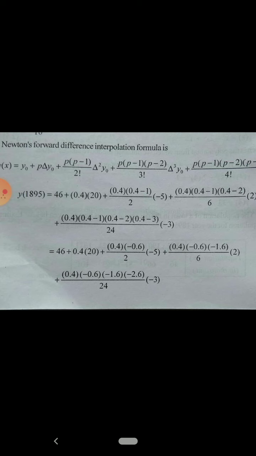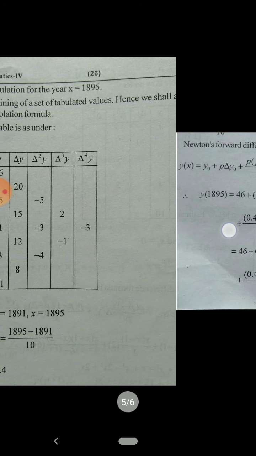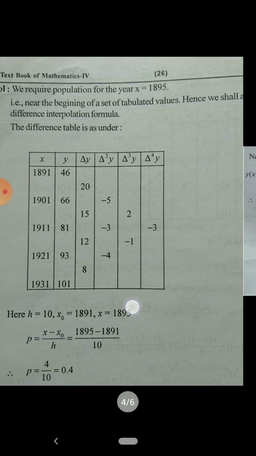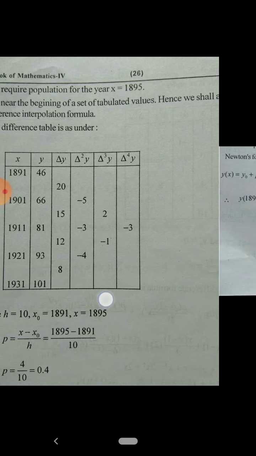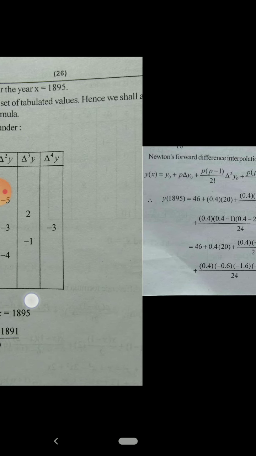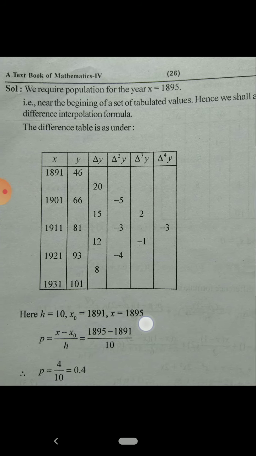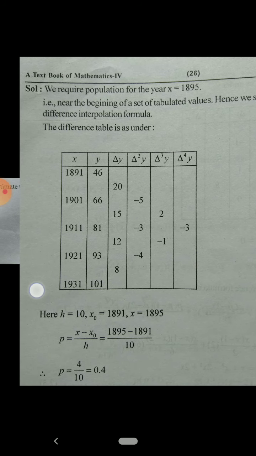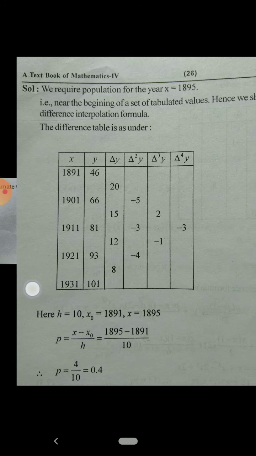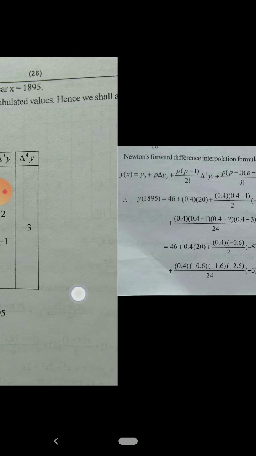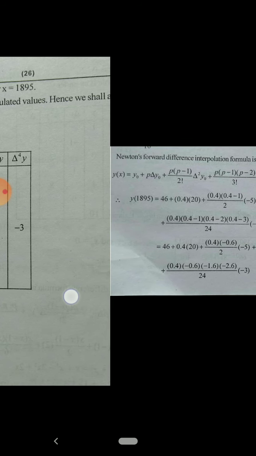The first term is y0. Look here at the table, y0 means the first value of y, that is 46. I have taken 46 here. Then the value of p that we just obtained is 0.4.